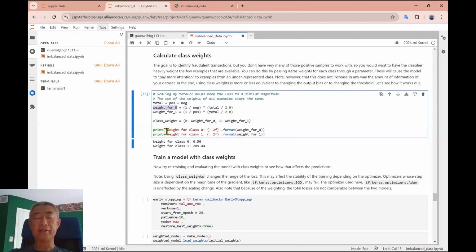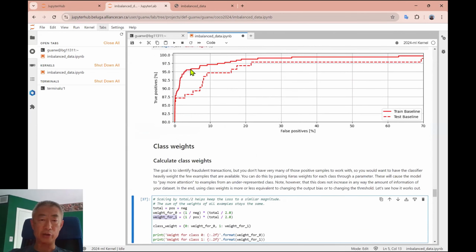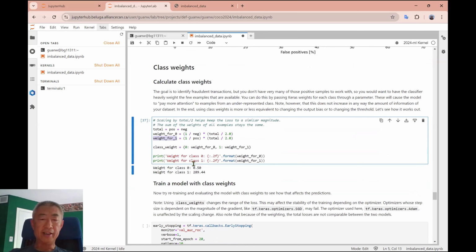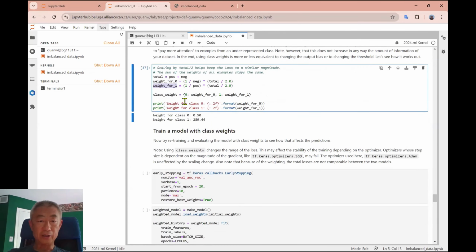I would mention that without specifying weight, like I did when I trained the previous model, the weight defaults to 1, but here it could be some different values. So after we do the calculation, we can see that the weight that I'm gonna use for the negative sample is 0.5.